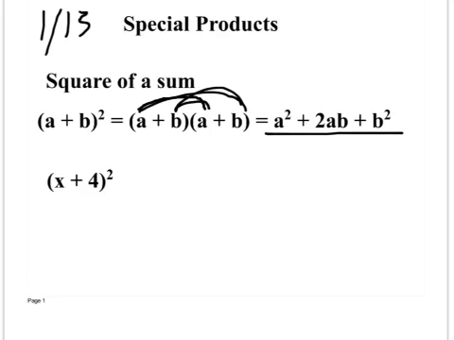Alright, so for x plus 4 squared, it's the first number squared, so this is going to be x squared. It's 2 times the first number times the second number, so 2 times x times 4. And then we add the second number squared, so 4 squared.